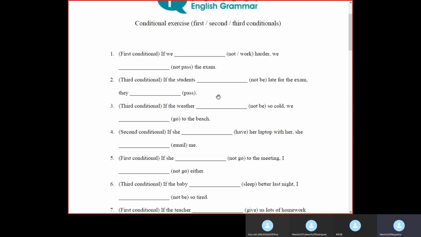Three, if the weather hadn't been so cold, we would have gone to the beach. Four, if she had her laptop with her, she would email me.